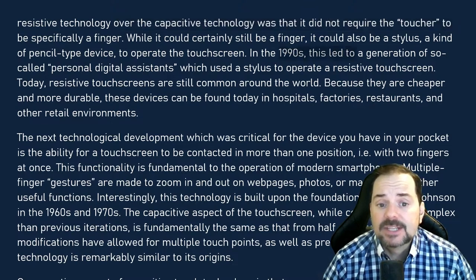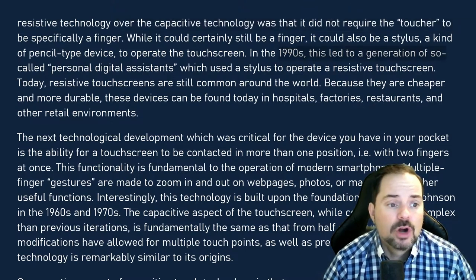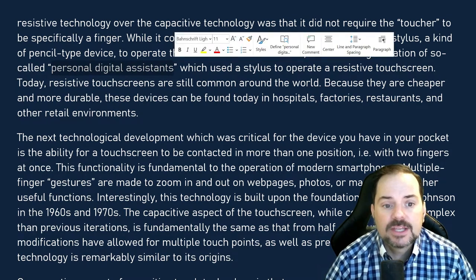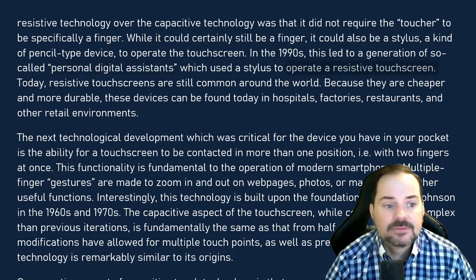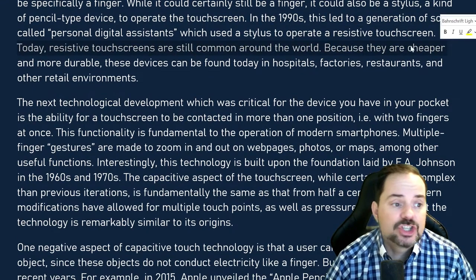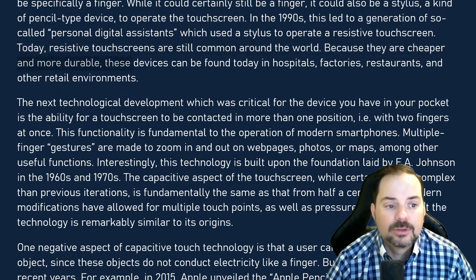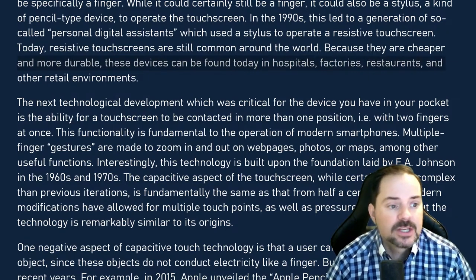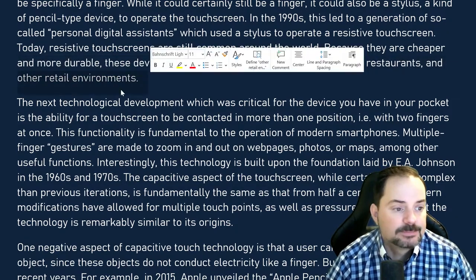In the 1990s, this led to a generation of so-called personal digital assistants, which used a stylus to operate a resistive touchscreen. Today, resistive touchscreens are still common around the world because they are cheaper and more durable. These devices can be found today in hospitals, factories, restaurants, and other retail environments.